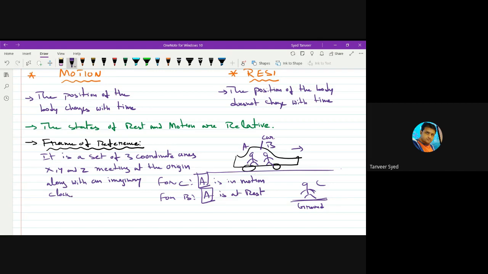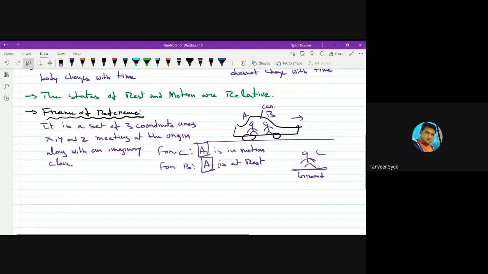So a set of three coordinate axes X, Y, and Z which intersect each other at the origin, along with an imaginary clock, you call that a frame of reference.